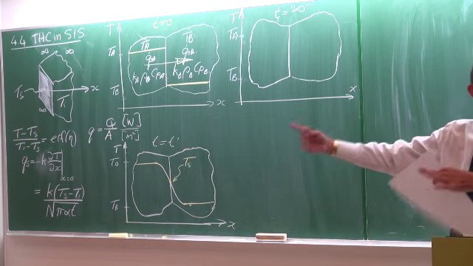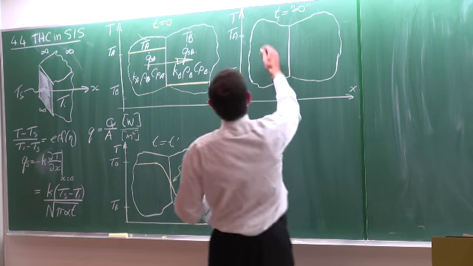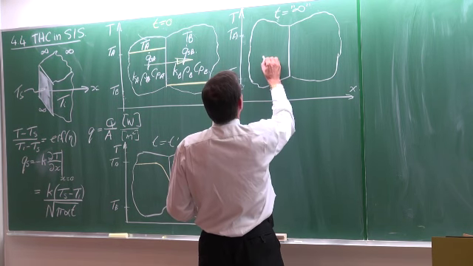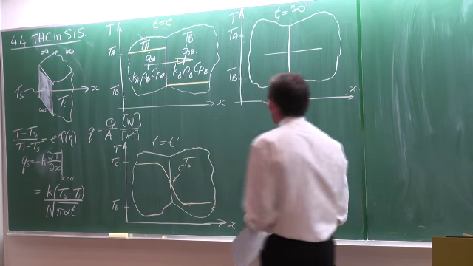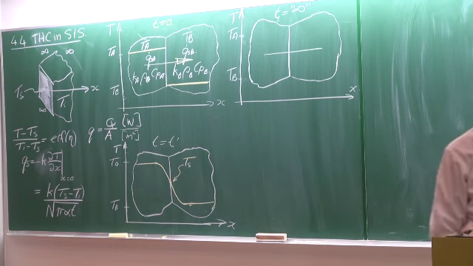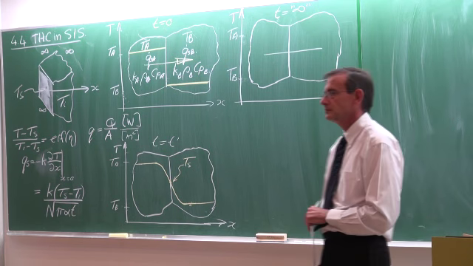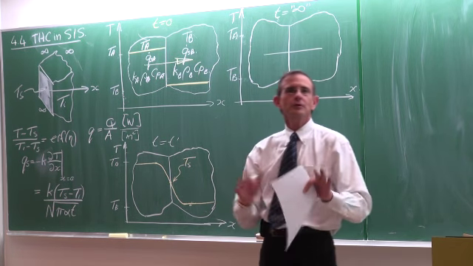Then at t equal infinite, the temperature of this body and that body should balance each other out like that. Do you agree? No, wrong.